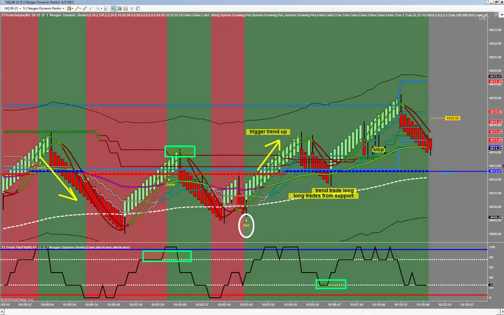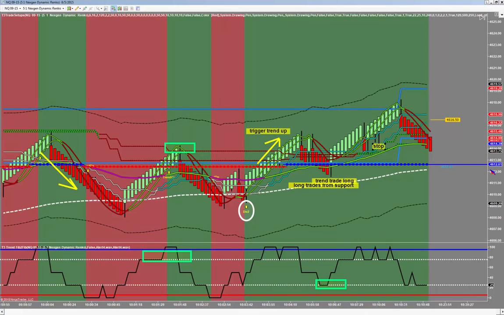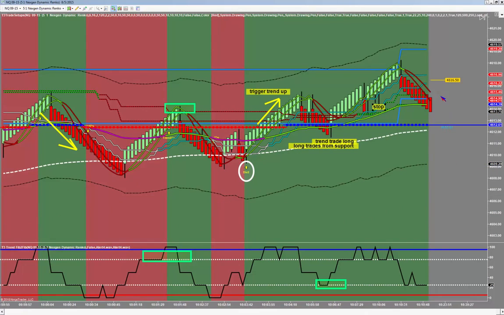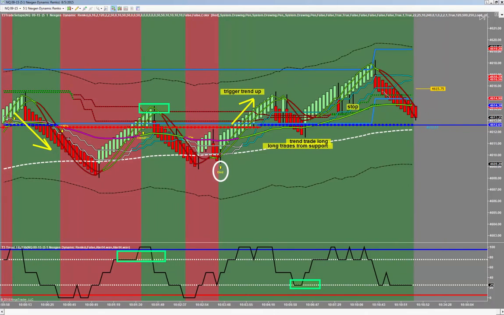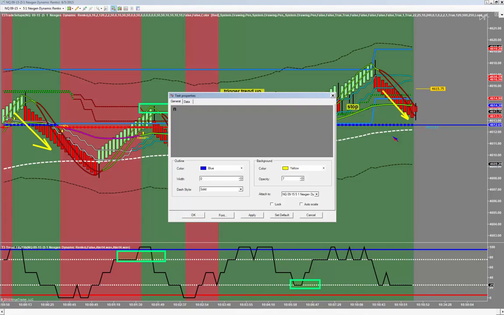So the question is, do we get another one? Or are the small triggers breaking through our synthetic triggers? Right? Our small triggers breaking through the synthetic triggers means no more long trades. Now we don't have an area for shorts, right?